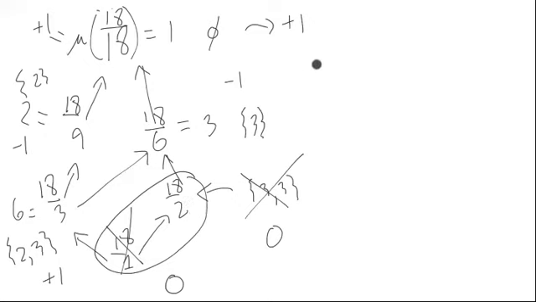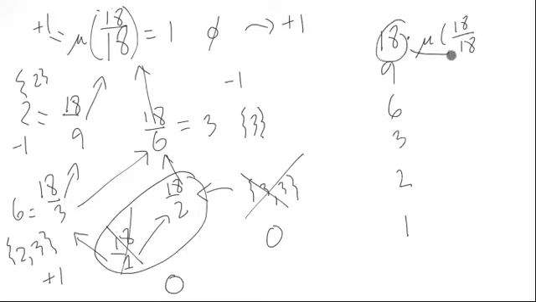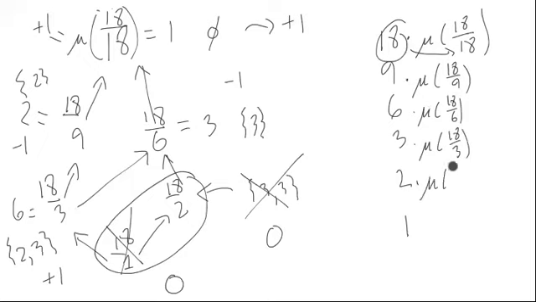So in general, what we could have said is we could have taken our factors, 18, 9, 6, 3, 2, 1, multiplied each one respectively by the Mobius function of the number underneath: the 18 times mu of 18 over 9, times mu of 18 over 6, times mu of 18 over 3, times mu of 18 over 2, times mu of 18 over 1.